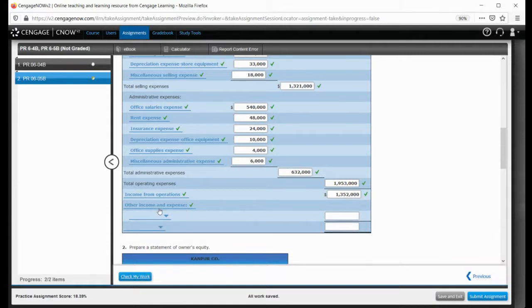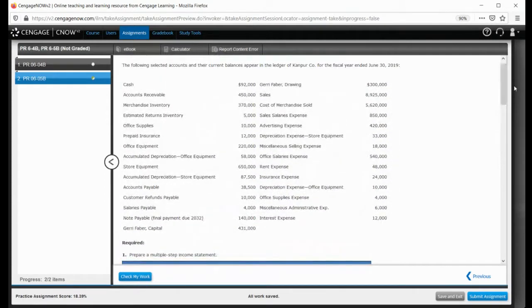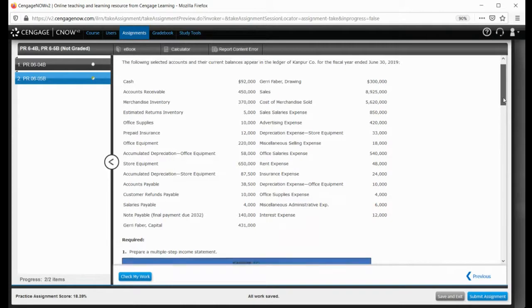Underneath the other income and expense, we would put any other revenue that has not already been recorded for the retail business. Sometimes retail businesses have more than one type of revenue. In this situation, we did not have more than one type of revenue. Our major form of revenue is sales. There is no other revenue to account for.